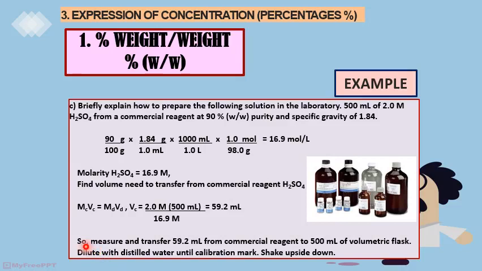So you might write, measure and transfer 59.2 ml from commercial reagent to a 500 ml volumetric flask. Dilute with distilled water until the calibration mark. Shake upside down. So make sure when you answer a question on preparation, you write until shake upside down.